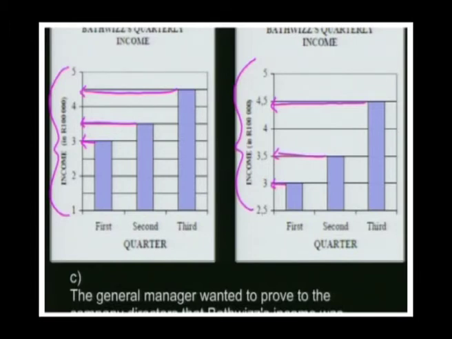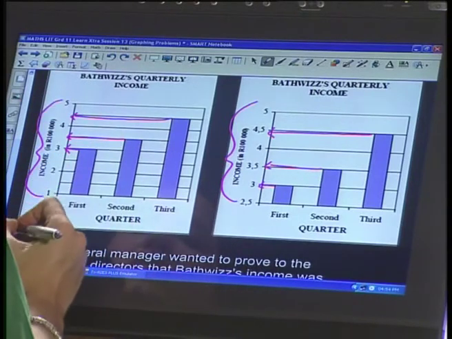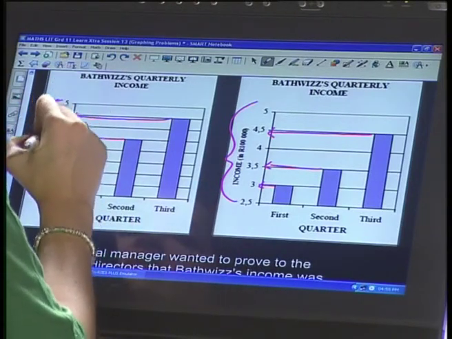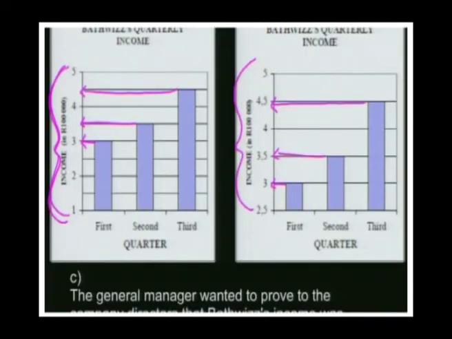So if these two graphs have exactly the same information, why do they look slightly different? The answer is in the scale of our income. For this one over here, we go from 1 all the way up to 5, whereas in this one over here, we go from 2.5 all the way up to 5.